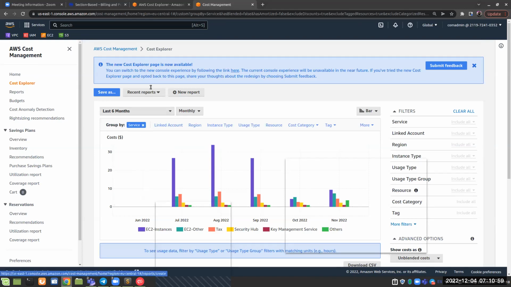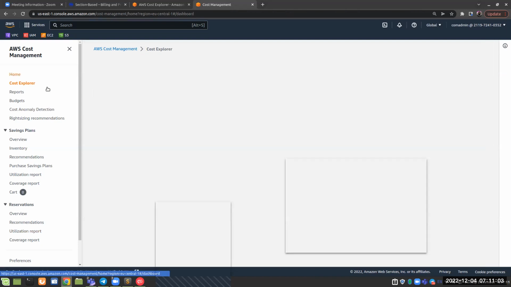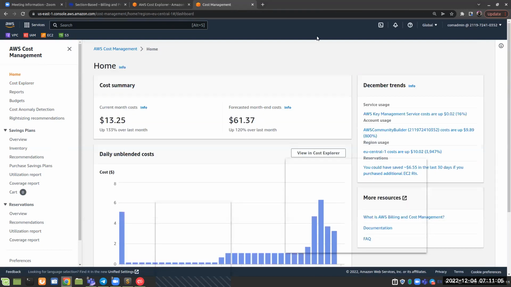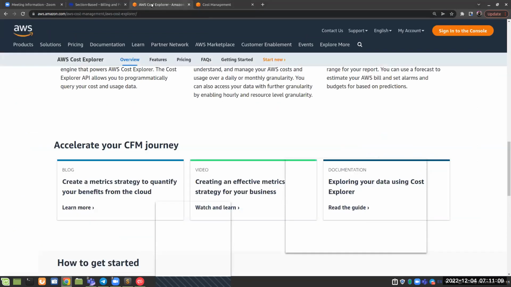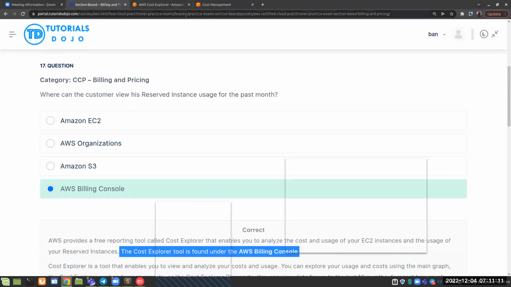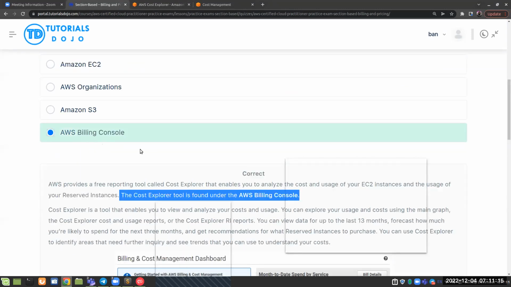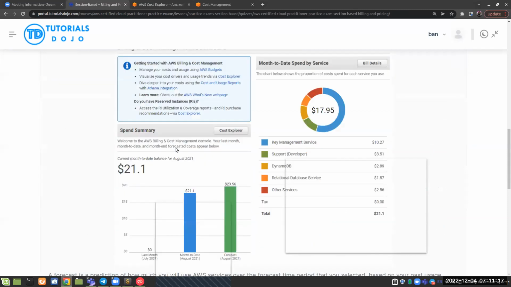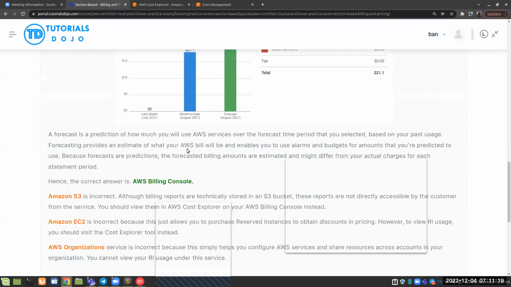When you come here, you see everything that has to do with cost, right? So I thought that was a tricky question. You just have to remember that the place where you can visualize is Cost Explorer, and Cost Explorer is found in the billing console. So that's just to remember.